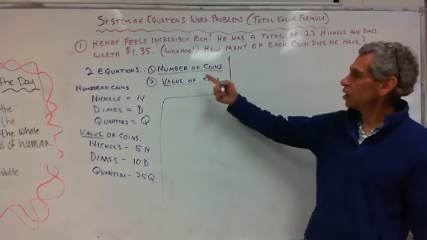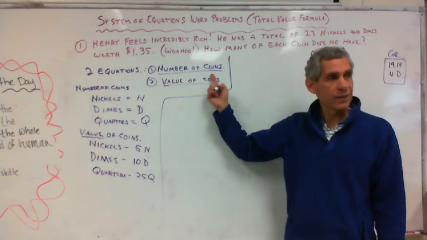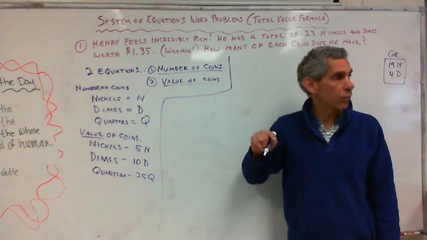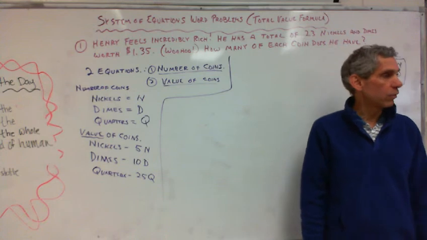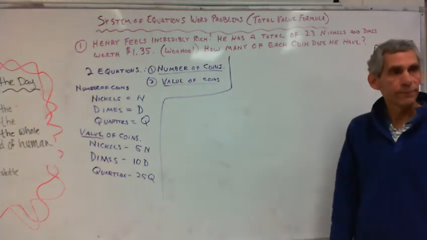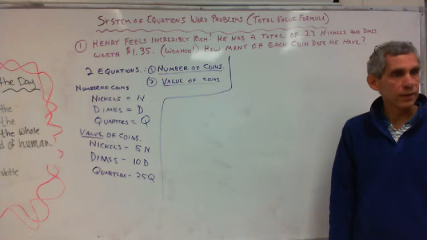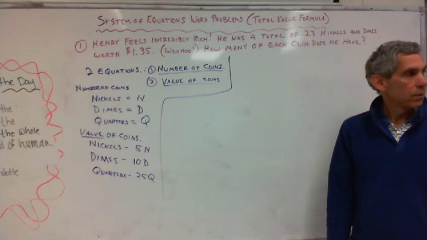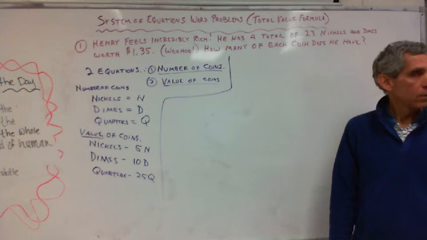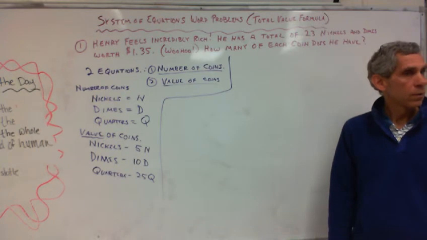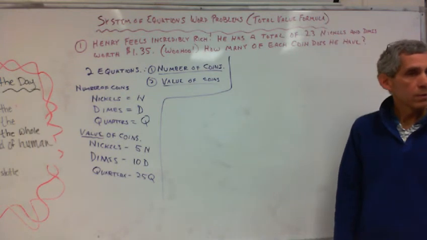Let's start with the quantity of coins, or the number of coins he has. What does it say about the number of coins? What can you figure out? He has 23 nickels and dimes. So how could you write that as an equation? 5N plus 10D equals 23?